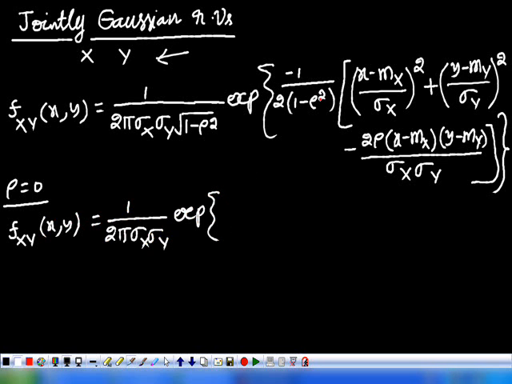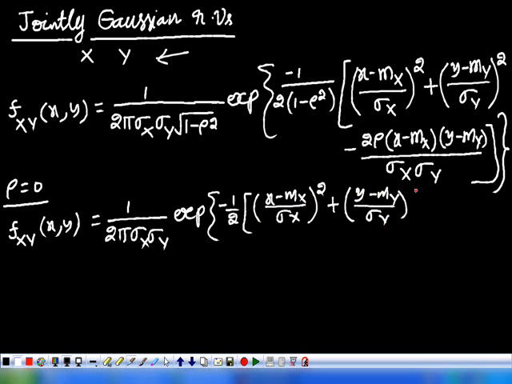When rho is 0, the cross term becomes 0. It is minus 1 by 2 into (x minus mx divided by sigma x) whole square plus (y minus my divided by sigma y) whole square.